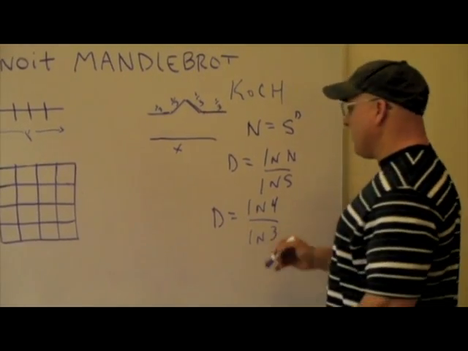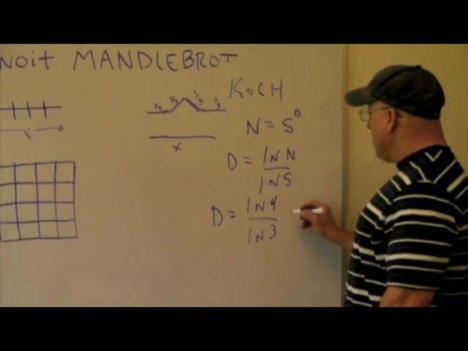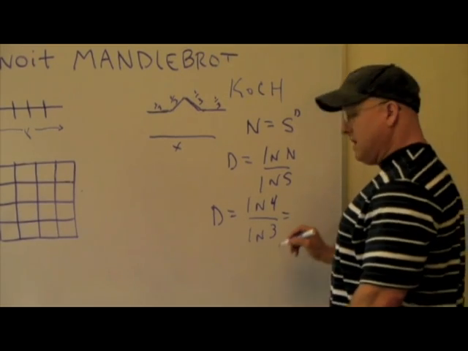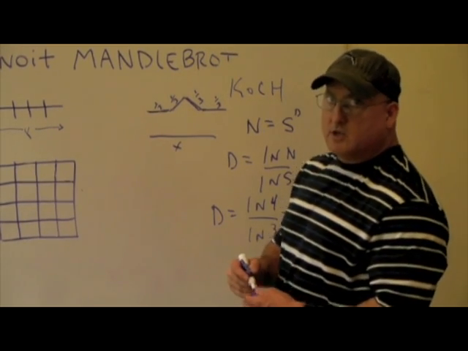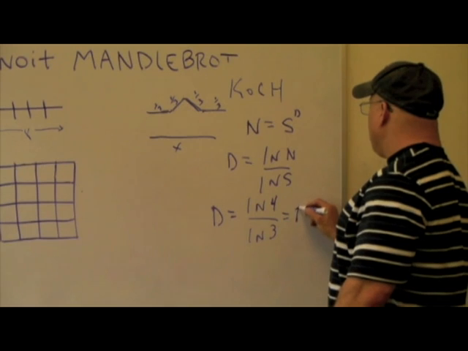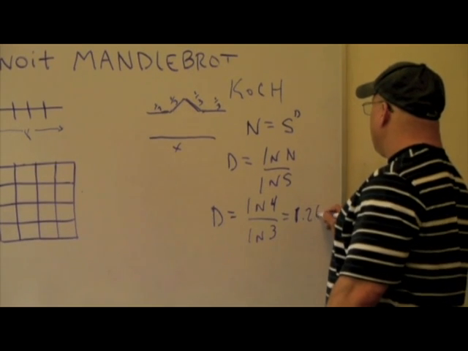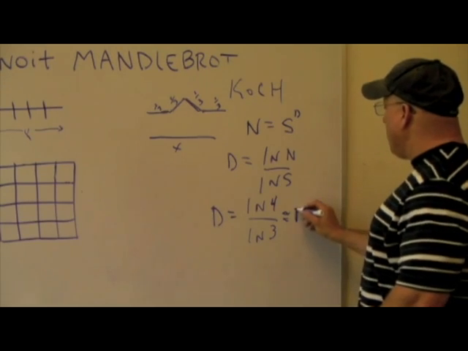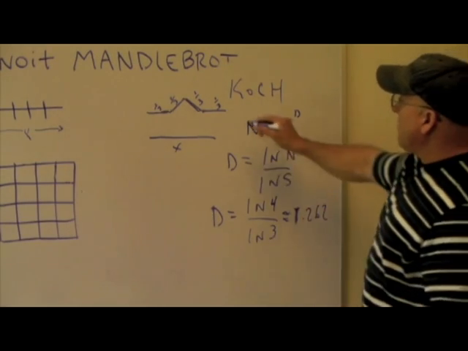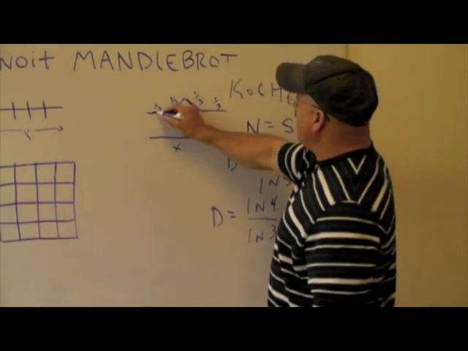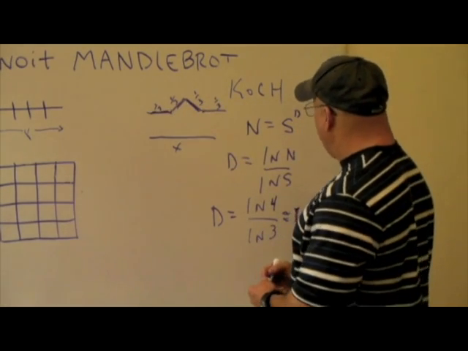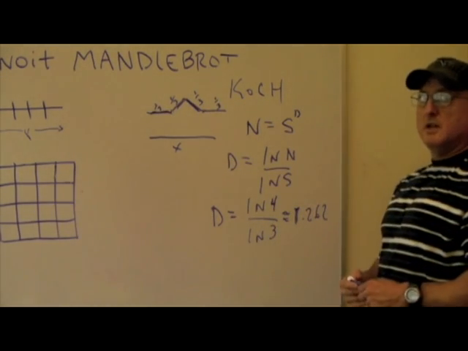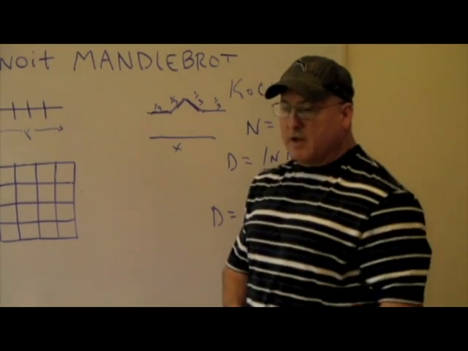So this equals approximately 1.26, or 1.262. We can round it off. And here you can see right away that this curve has a non-integer dimension. And those are the 2 components that make up a fractal.